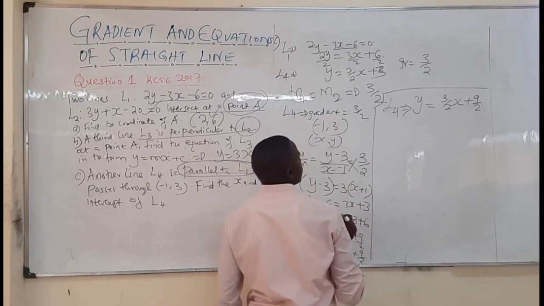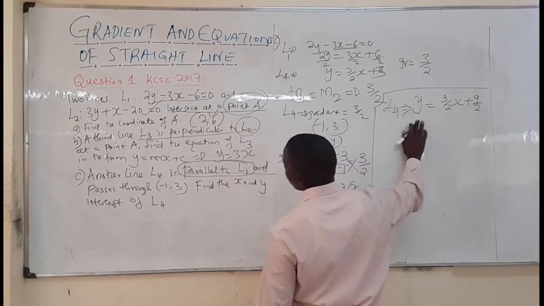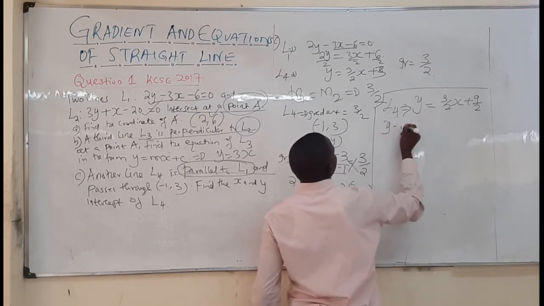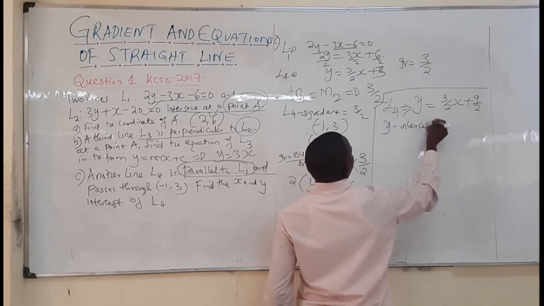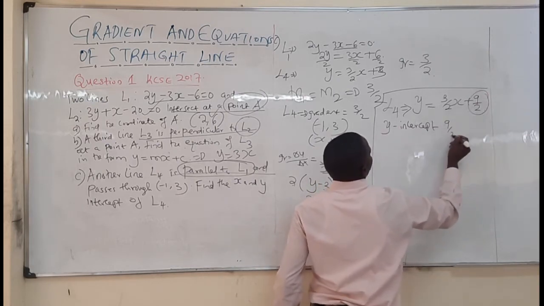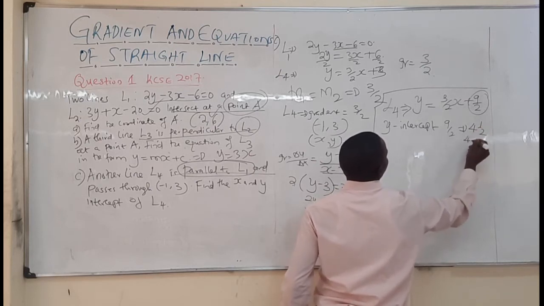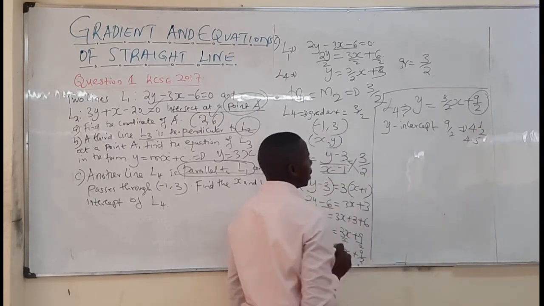Then from there, we can know the y-intercept from this format. So the y-intercept should be 9 over 2, and of course, that is 4.5. So that is the y-intercept.